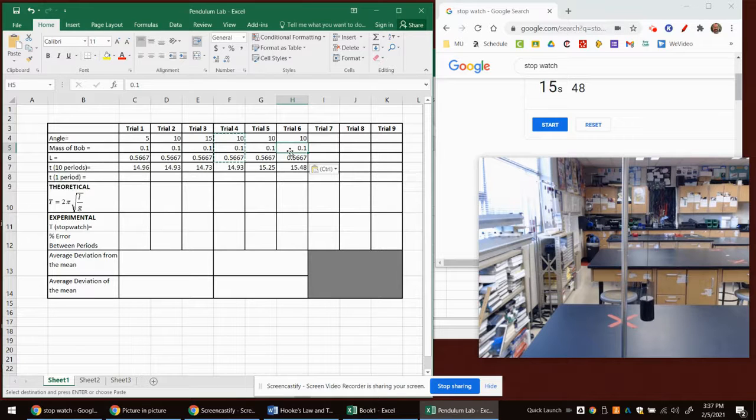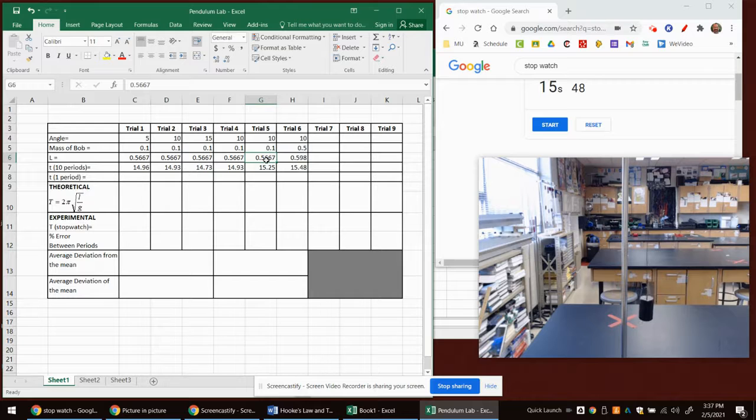We can see that it didn't have a drastic change, but with the 500 gram mass, my length is now about 59.8. That's about 3 centimeters more.